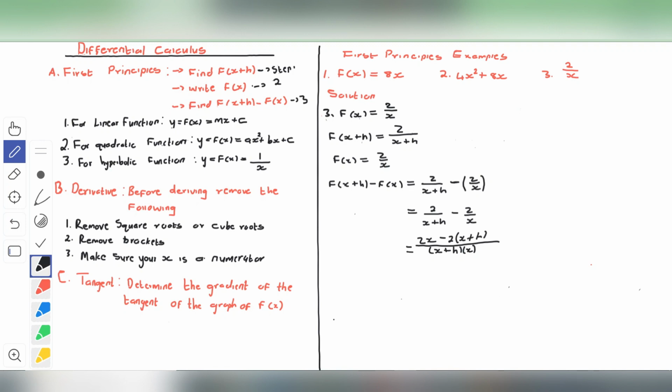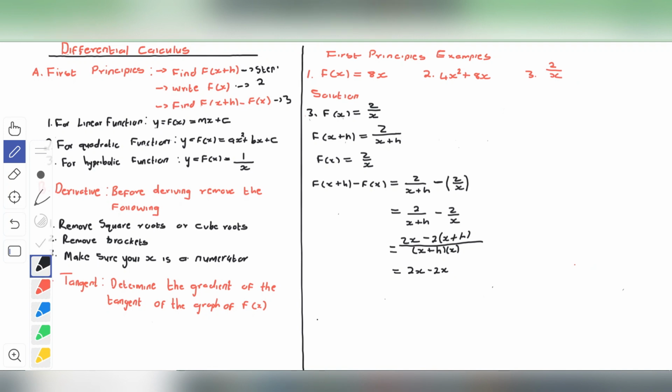I hope you guys know how to combine the fractions, right? If you don't, you can text me or comment below, and I will help you or make a video on how to combine the fractions. So therefore we're going to have 2h all over x squared plus h.